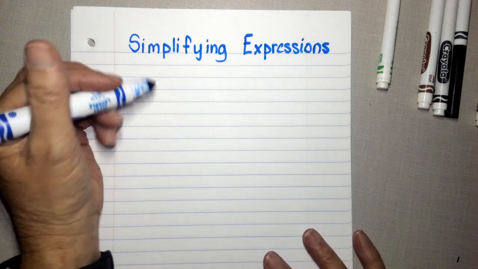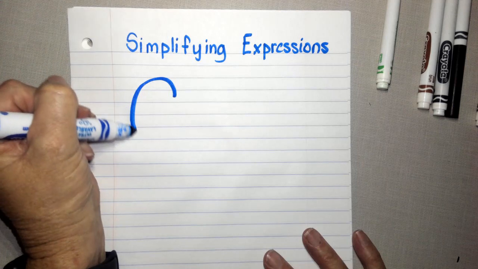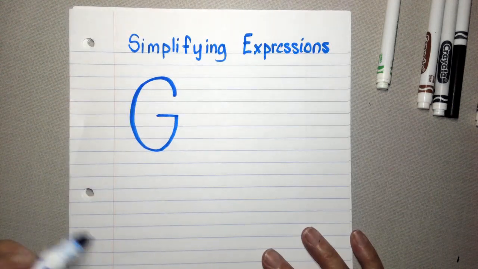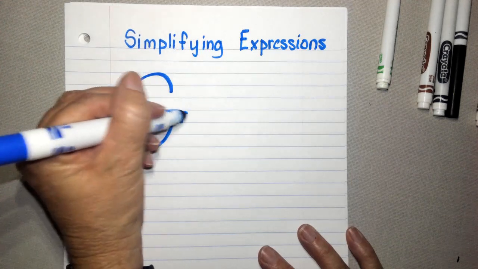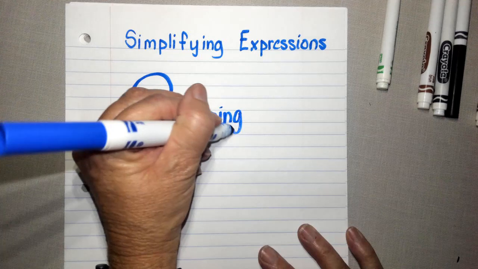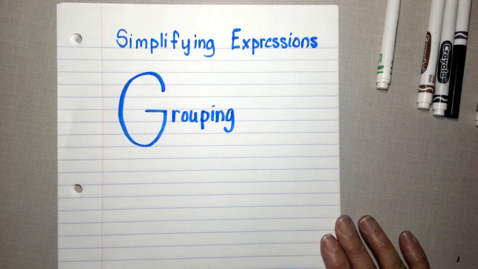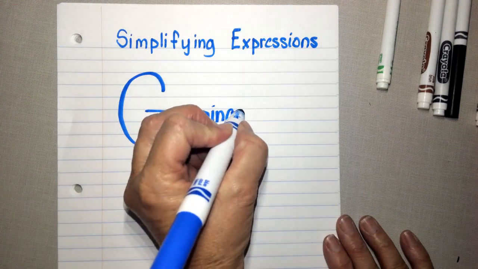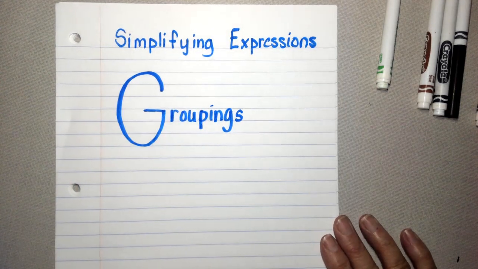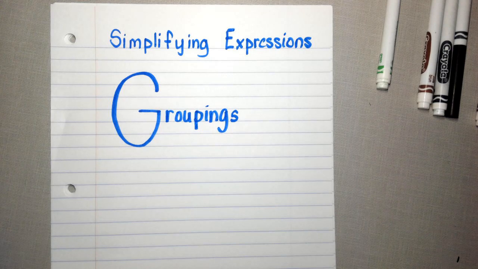So the first thing that you're going to write down is G. And the G stands for grouping symbols. So this would be our groupings. All right, and there were two kinds of grouping symbols that we're going to see in 5th grade.